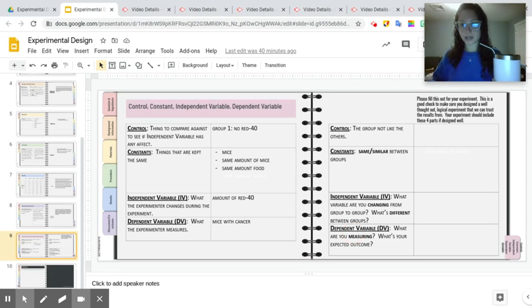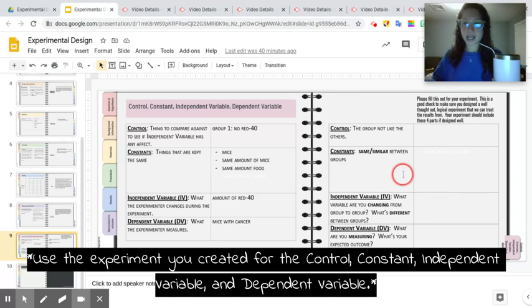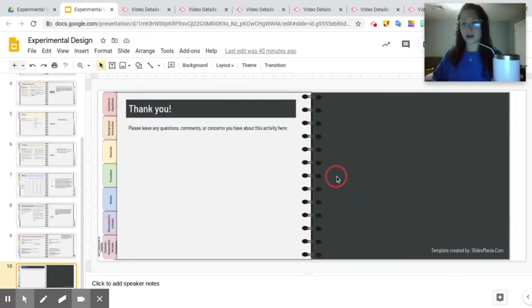And we will be getting more practice with these probably in the next activity or within a couple activities. So like I said, take a moment, fill out your control, constant, independent variable, and dependent variable. Once you've done that, you are all set with this activity.